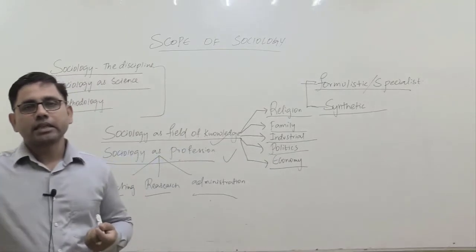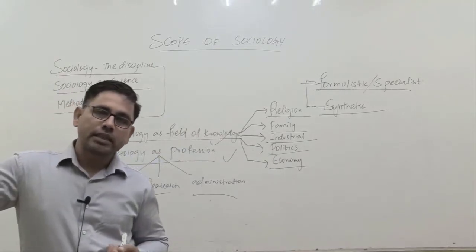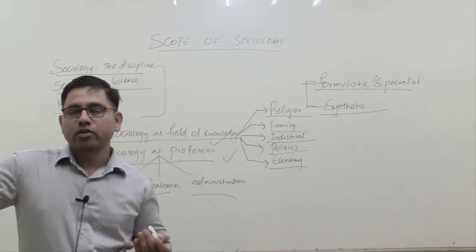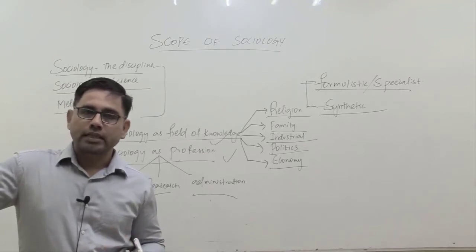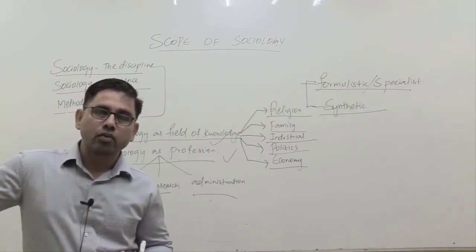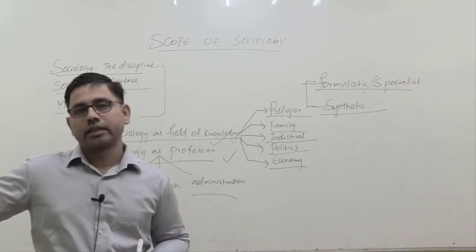We understood that Europe before the 14th century was a feudal Europe where kings and emperors used to be there. There were two classes, there was no middle class. We discussed that there was a tremendous role of religion.